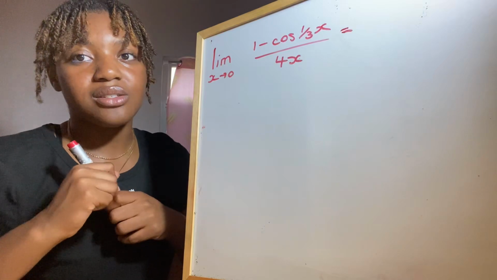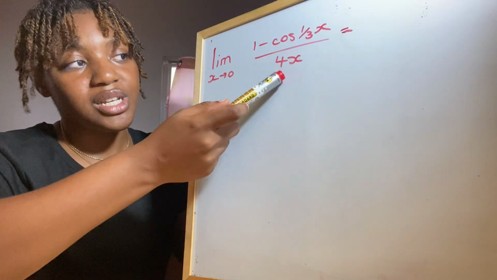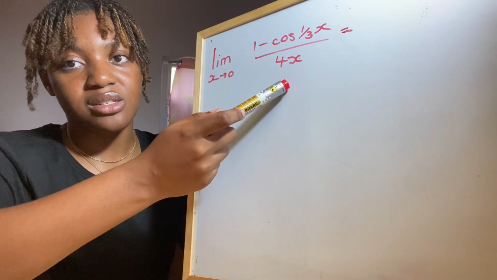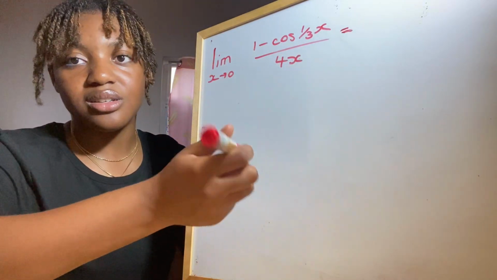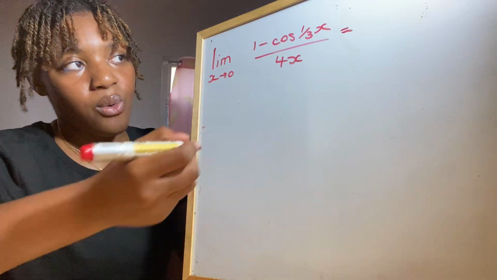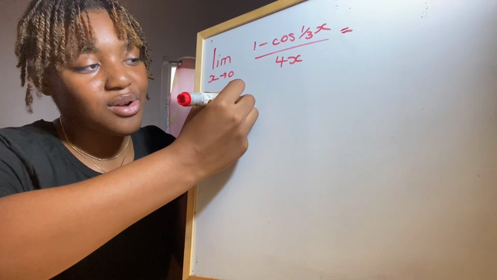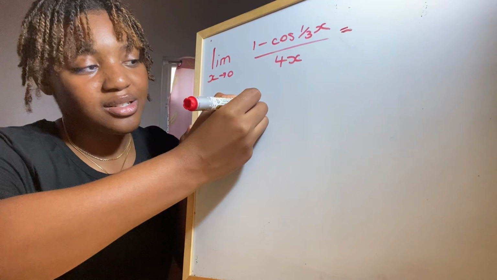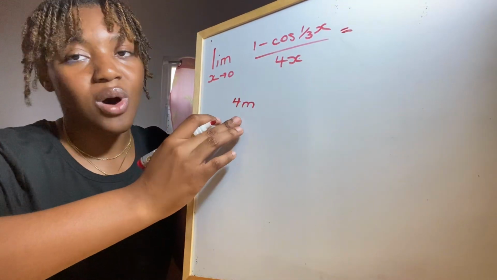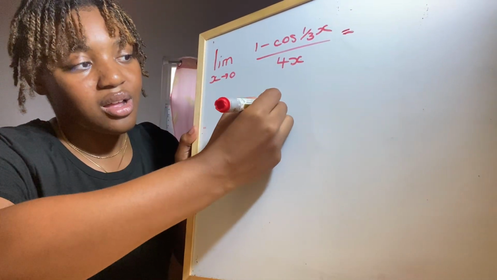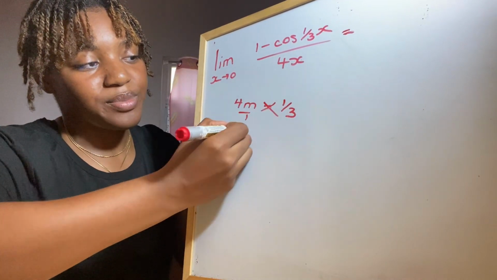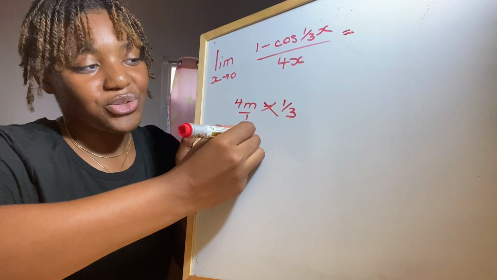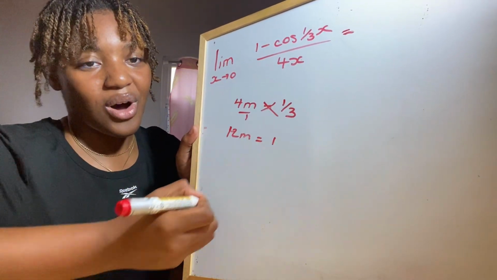So what I would like to do is go to the denominator and try to get it to be the same number as the one in the numerator. So we want to know what number m times 4 gives us 1/3. From here, I'm going to cross multiply. So we have 12m equal 1.